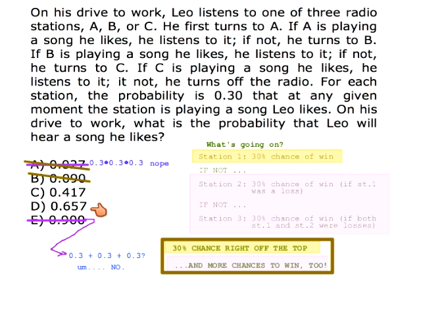I wouldn't call this pure common sense anymore, but this is still well within the domain of thinking about the numbers and what they mean.